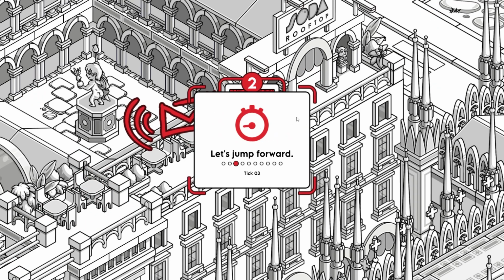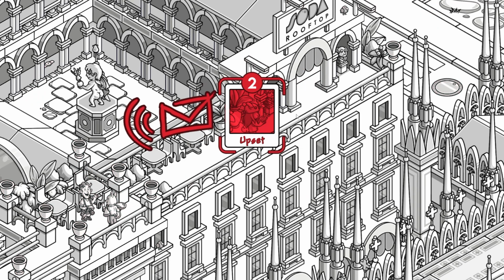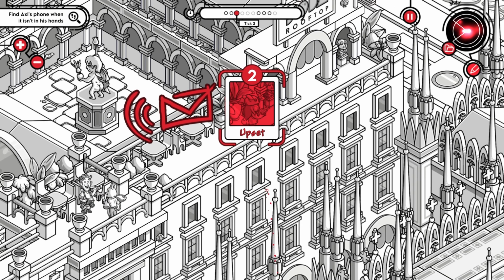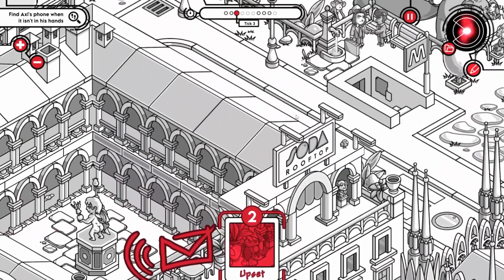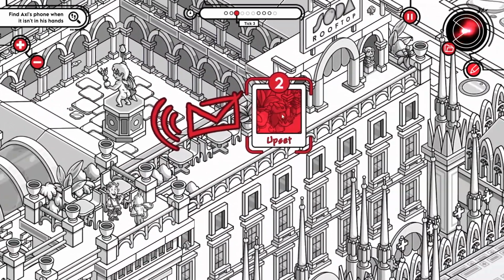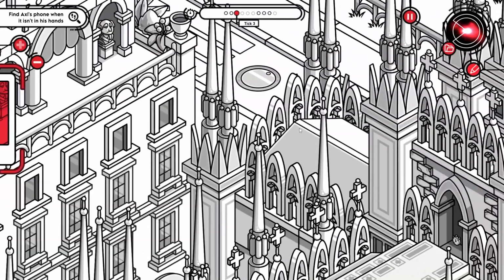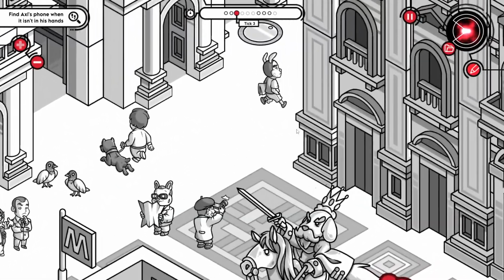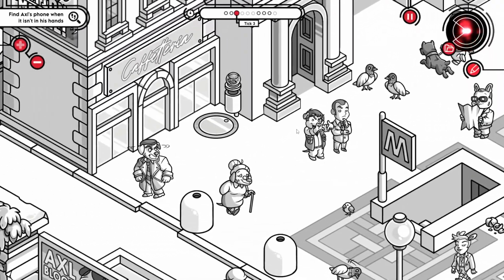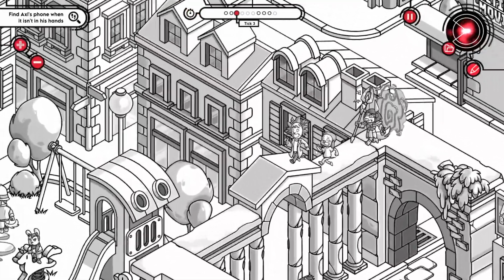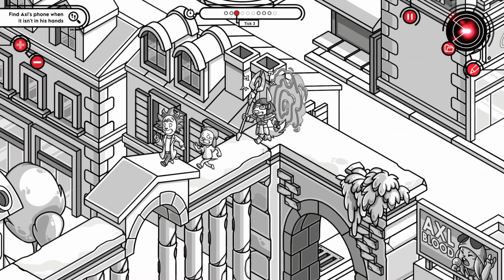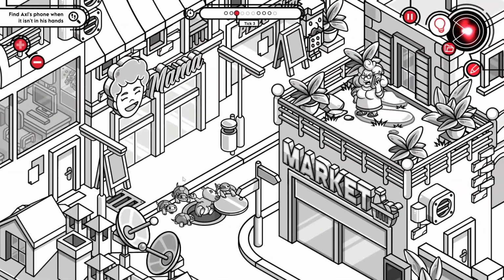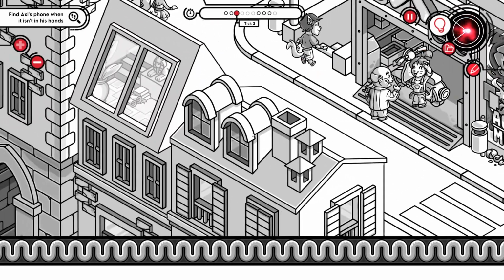Looking at the wrong Axel. Guys. These are ninjas.